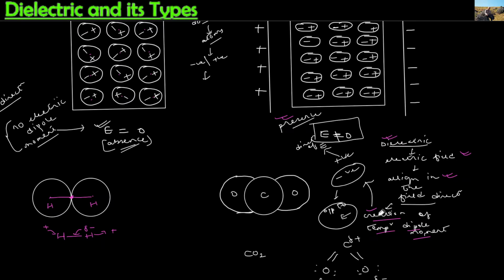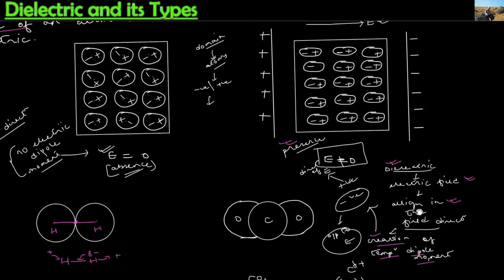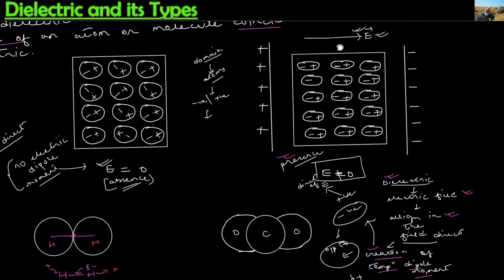The creation of these temporary dipole moments will be in such a way that the positive end of the dipole will align along the field direction, and the negative end of the dipole will align in the direction opposite to the field.